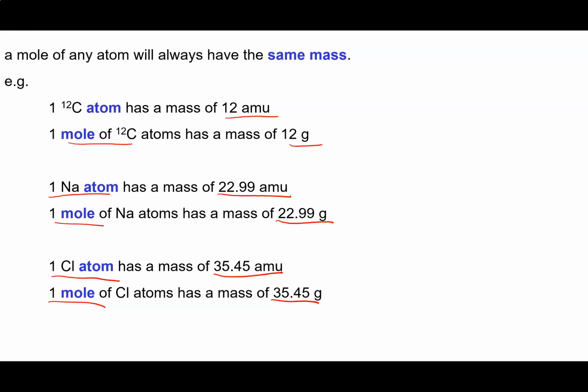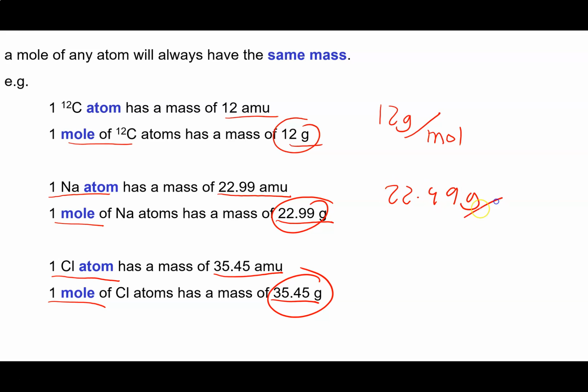All of these, we could say this number represents the molar mass, and we could say that carbon-12 has a molar mass of 12 grams per mole, sodium has a molar mass of 22.99 grams per mole, or chlorine has a molar mass of 35.45 grams per mole. That would also be entirely valid.